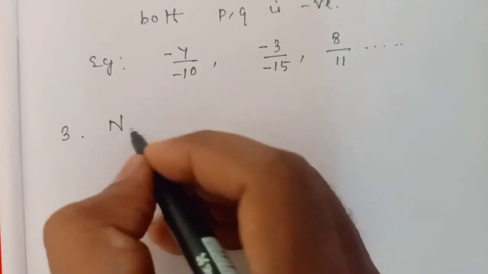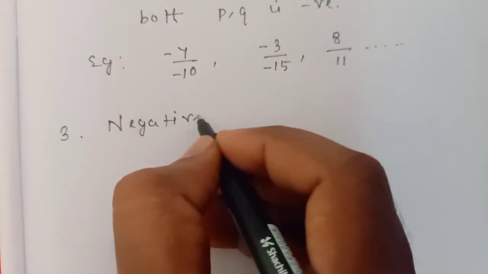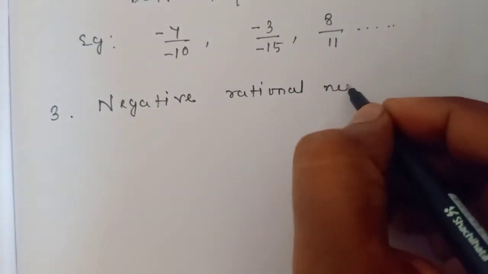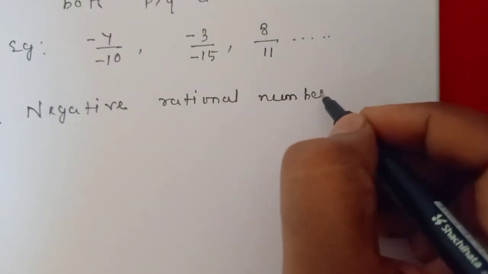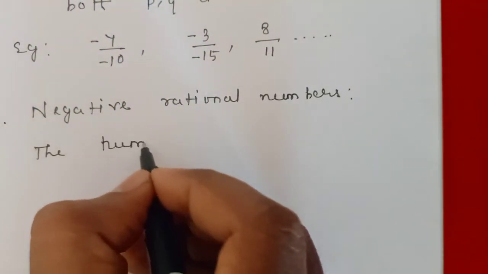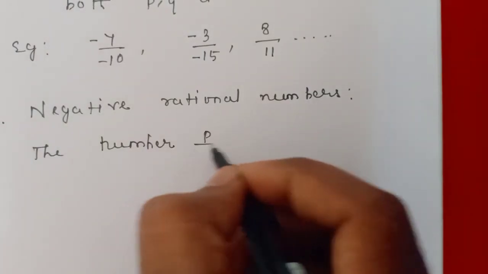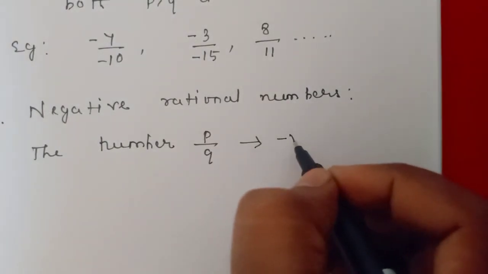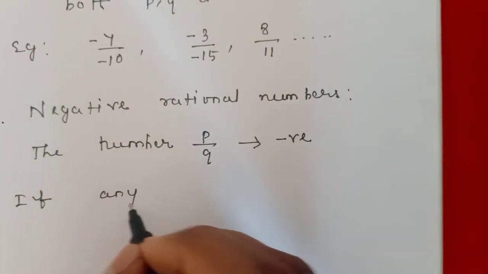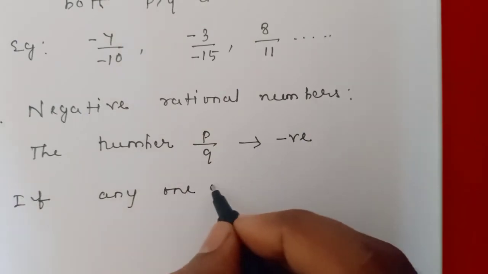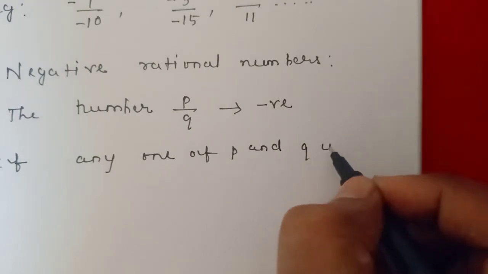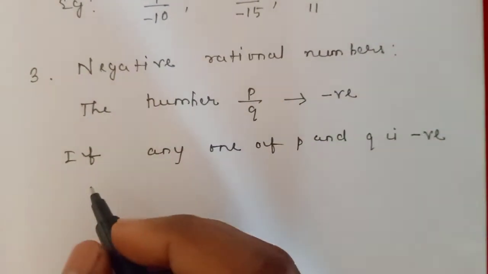Third one is negative rational numbers. So the rational number p by q is negative if any one of p and q is negative, any one.